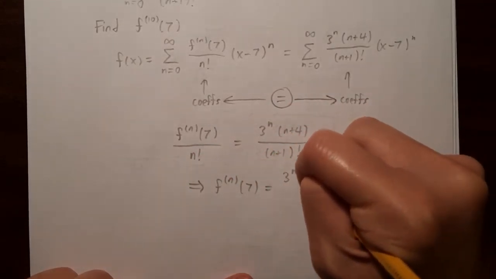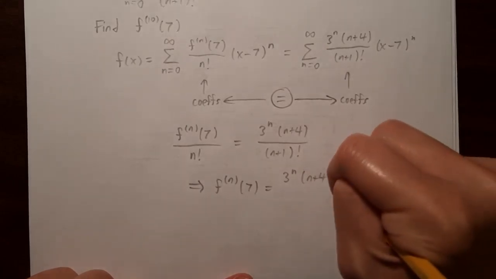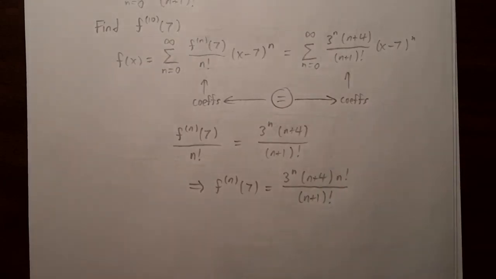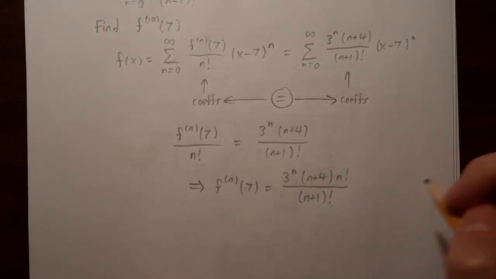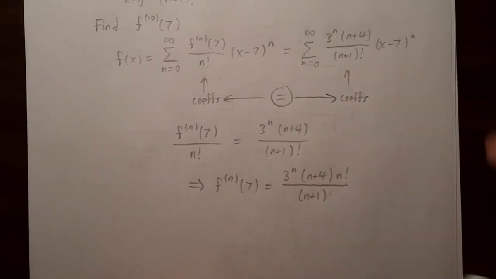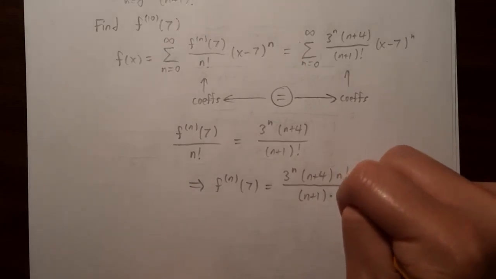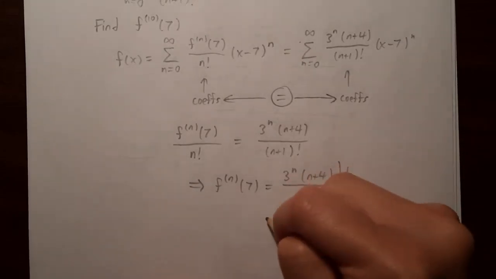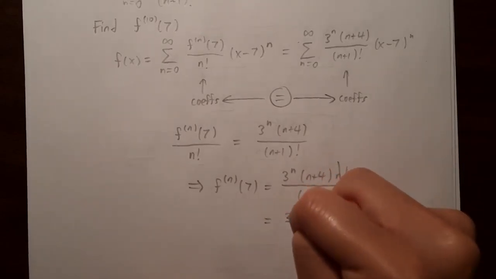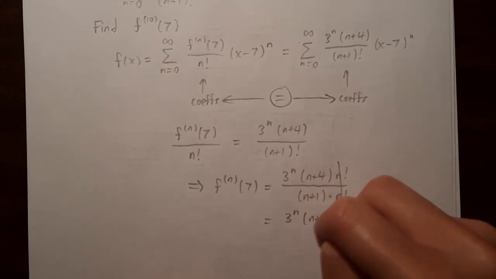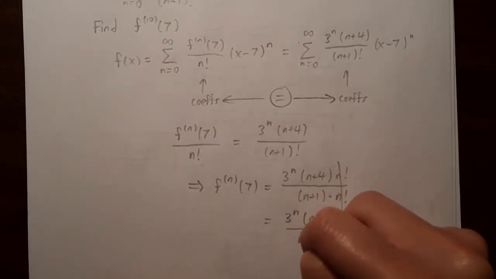We get 3 to the n times (n plus 4) times n factorial divided by (n plus 1) factorial. And just like before, (n plus 1) factorial can be turned into (n plus 1) times n factorial, which will then happily cancel with the n factorial that appears above. And so we get the nth derivative at 7 is 3 to the n times (n plus 4) divided by (n plus 1).